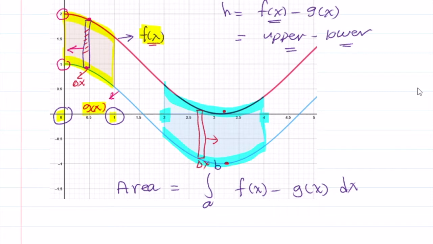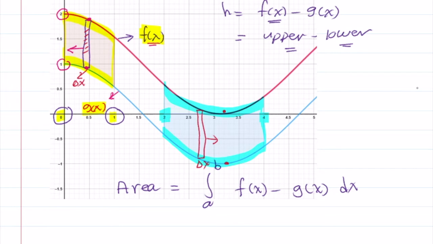So I can conclude that if the area is enclosed by two curves, and the first curve is above the second curve all over the interval, then the area equals the integral from a to b, the initial point to the end point, of the upper minus the lower curve.